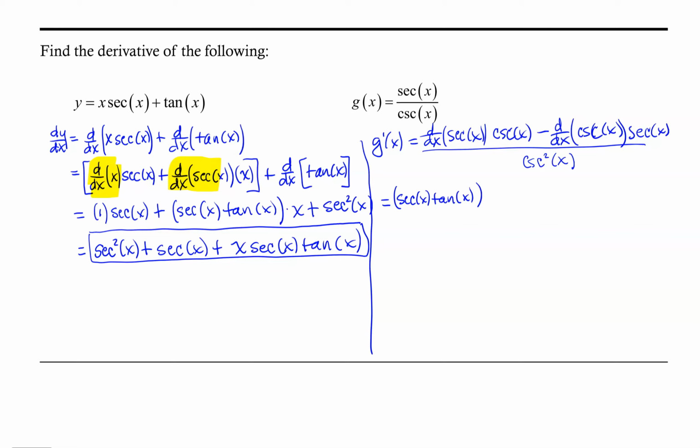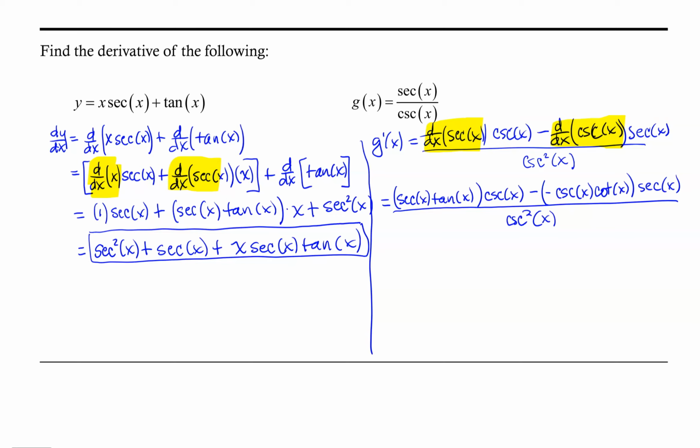Now we need to multiply that by cosecant of x, minus, now we need the derivative of cosecant of x. The derivative of cosecant of x is negative cosecant x cotangent x, and then that needs to be multiplied by secant x. This whole thing is divided by cosecant squared of x.